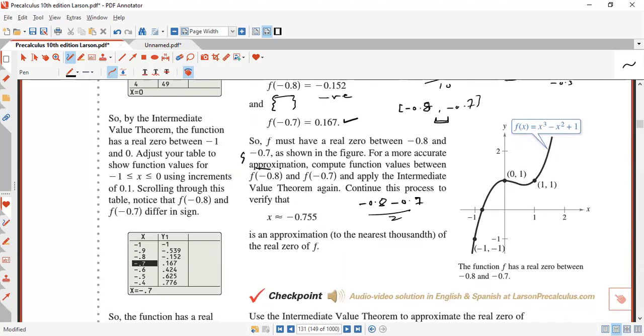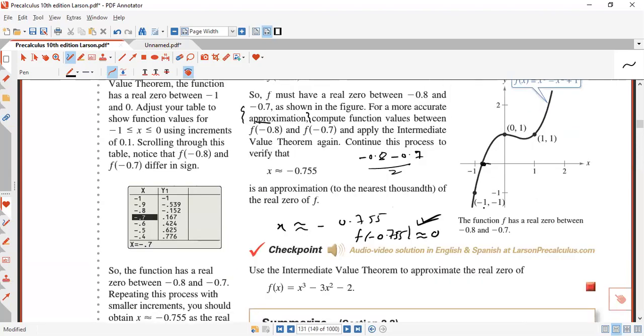This is a numerical method. In fact, approximate x is equivalent to the midpoint of these, -0.75, so f of -0.75 will give you the 0. This will be the x-intercept. Okay, this is related to the intermediate value theorem.